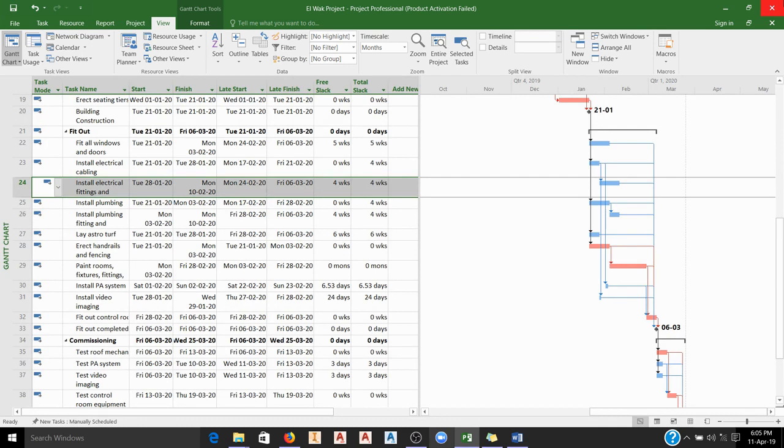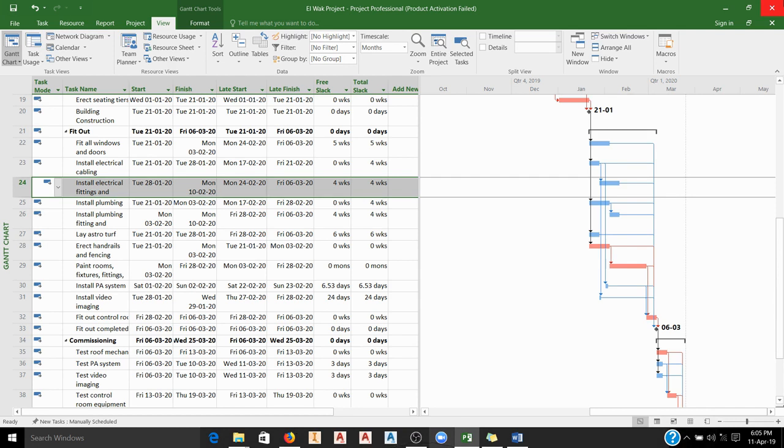So you remember the four dependencies that we mentioned: finish to start, start to start, finish to finish, and start to finish. Now let's imagine that we are building a house, right? And we need to erect walls only after our concrete has properly cured.